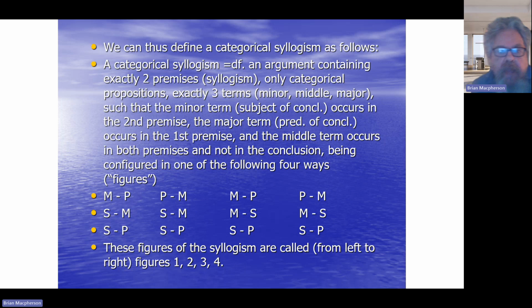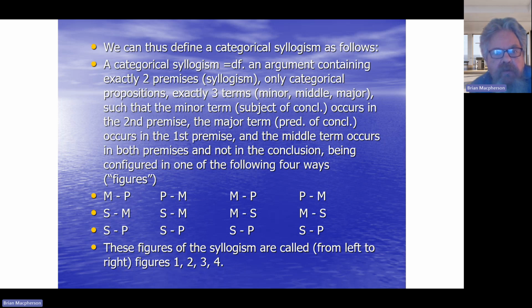Now it's a diagonal to my right facing the screen, right? So P-M, M-S, S-P. So there are four figures of the syllogism, and there are 64 syllogisms in each figure, right? Therefore, we need a more fine-grained way of distinguishing syllogisms.